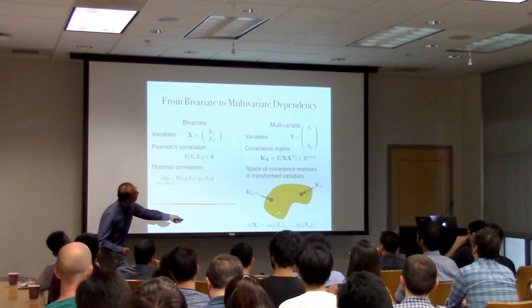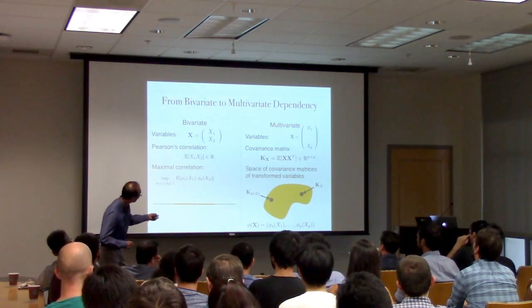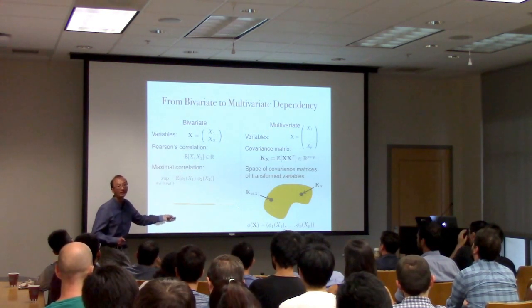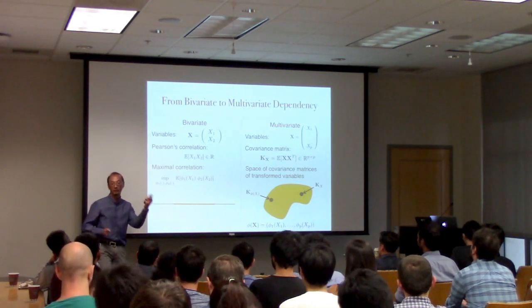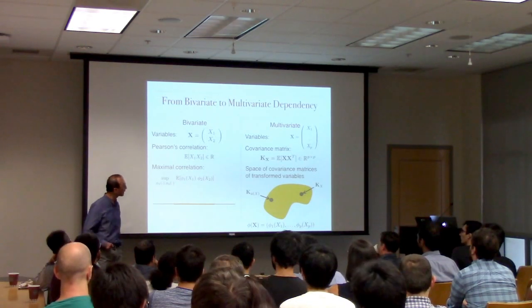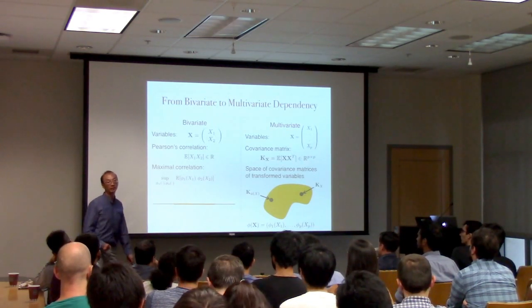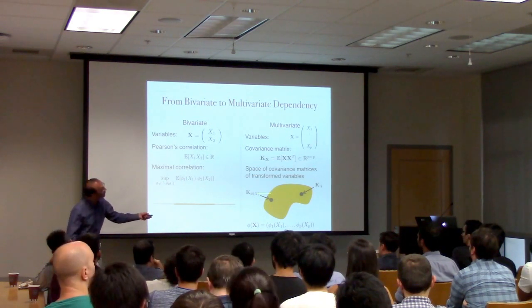But now, because I'm dealing with a high-dimensional object, I don't have a line anymore. I have a very high-dimensional space. In fact, this is a space of dimension p times p, or roughly p squared dimensions. Actually, not exactly, but p choose 2 dimensions because of the symmetric constraint. So now I have a problem.